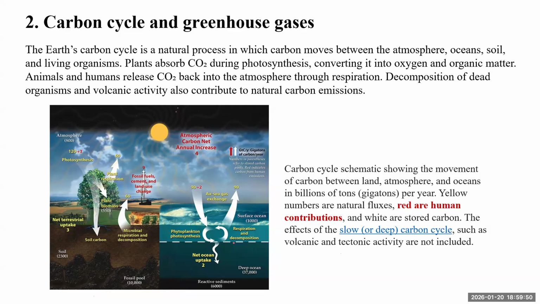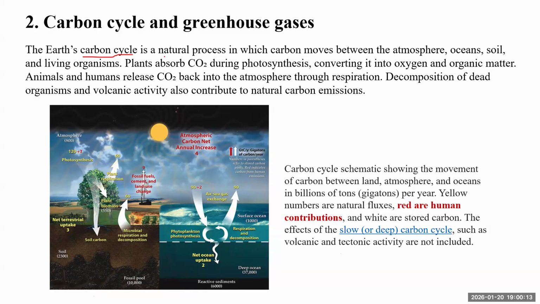Now let's have a look at the carbon cycle and the greenhouse gases. We have to understand the carbon cycle to better understand why we have the commitment to carbon neutrality.